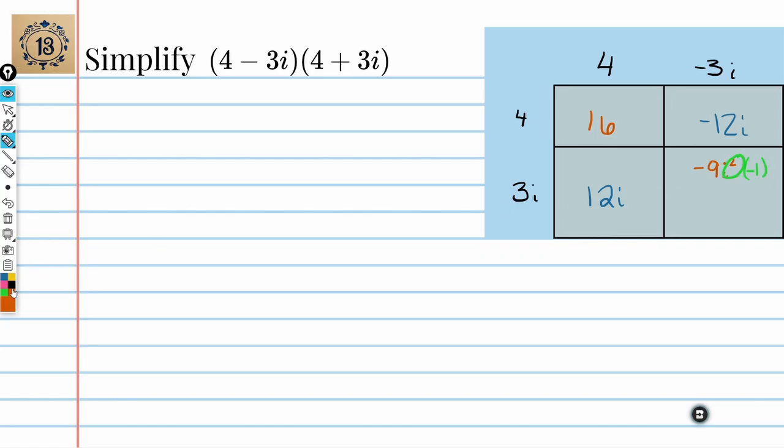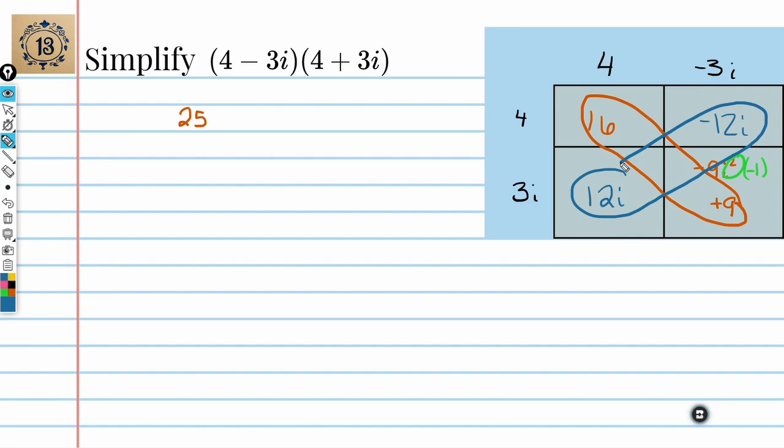So negative 9 times negative 1 is a positive 9. We're going to add together the real numbers, and we end up with 25. When we add together our imaginary numbers, 12i plus a negative 12i, they cancel out, leaving us with 0. We don't have to write the 0, but it is just 25.